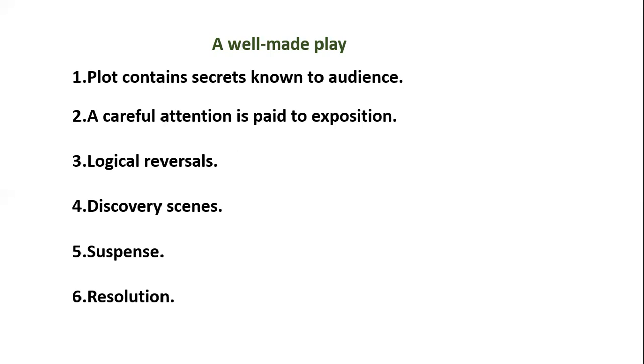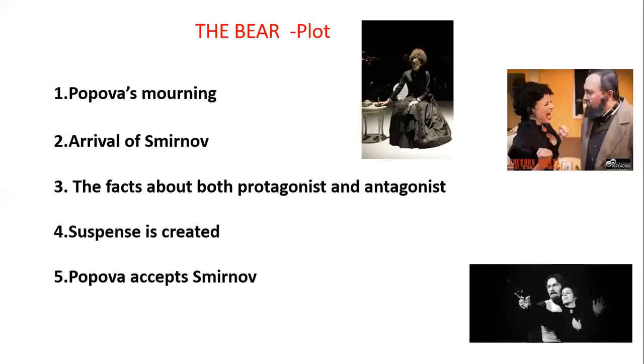Now, when we look at the plot in the drama The Bear, we see Popova's mourning at the beginning of the play. Now, this is the exposition. We have a neat plot here, and the exposition is very carefully brought out. And more attention is given.